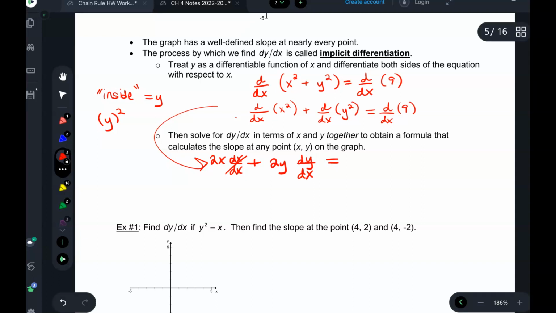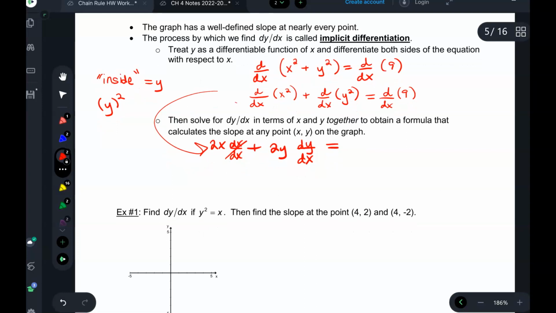How do you know that the variables don't match? Look at what I wrote to begin with: d dx. I'm trying to find d dx of both sides, and x and y don't match. And that's always what you're trying to find? Yes.